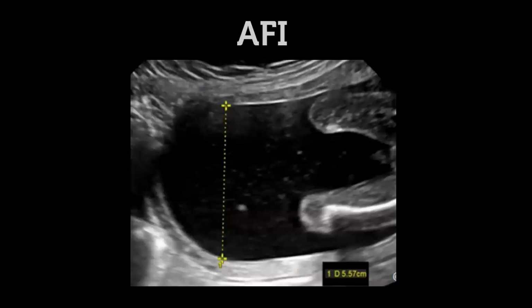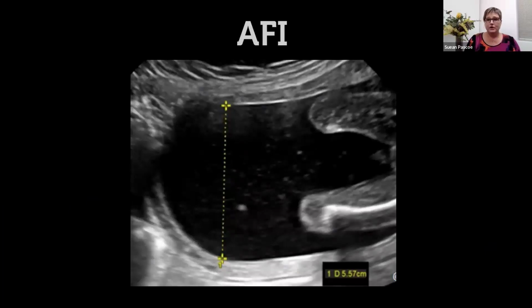So when we take the vertical measurement, or the deepest vertical pocket, whether it be that one single measurement over the whole tummy, or in each quadrant as in the amniotic fluid index, we want to measure that largest pocket that contains no umbilical cord or any fetal parts. And we also need to be careful that we're going to the edge of the uterus.